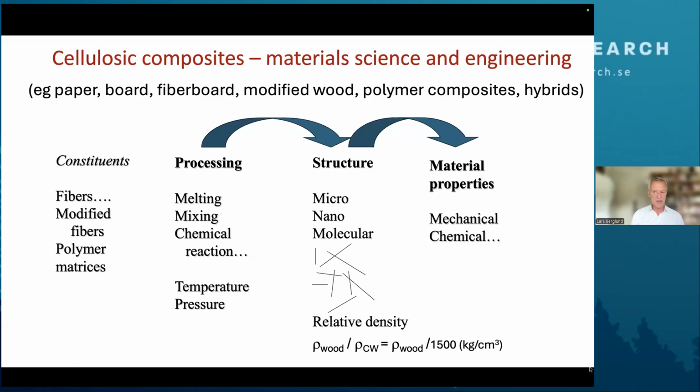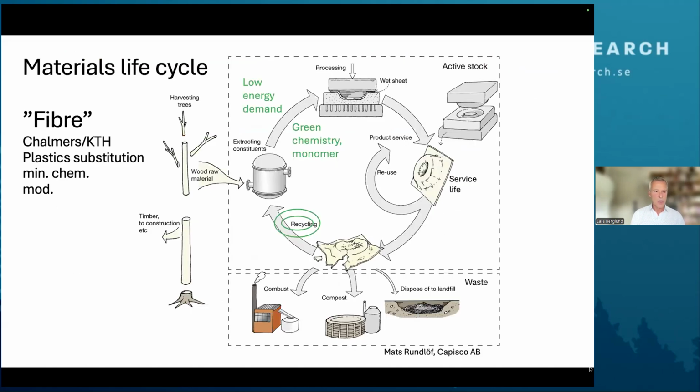I think today we also need to add environmental aspects. If we look at the material's life cycle, that becomes a little bit more clear. On the left-hand side, you see the plant biomaterial that we're starting with. We extract the constituents. And if you look at that circle in the middle, we strive for low energy demand.